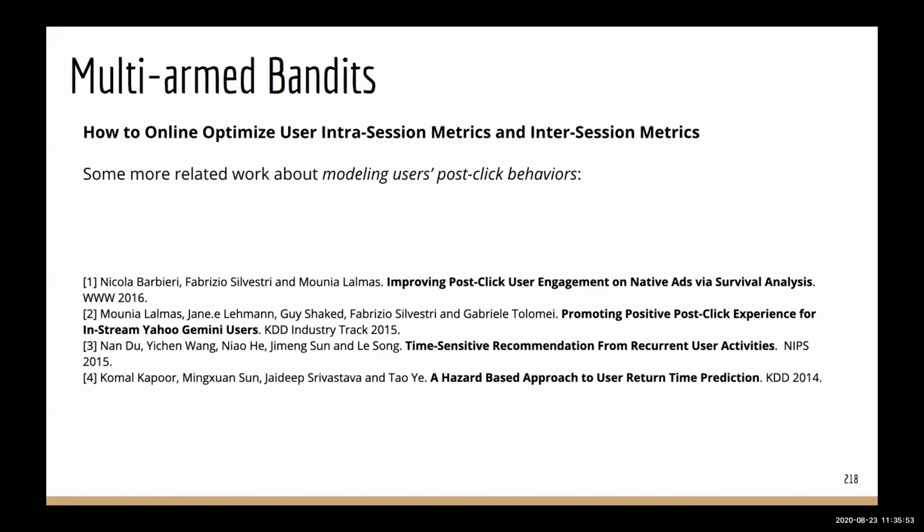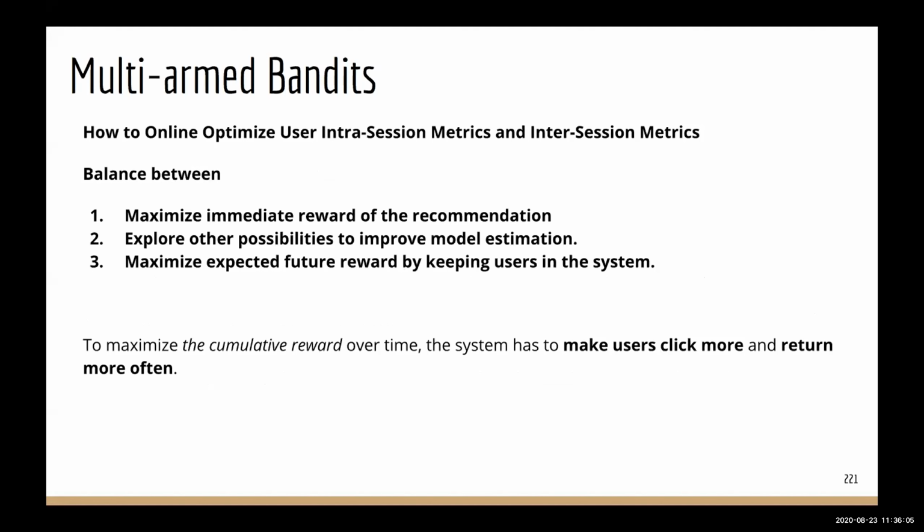There is already some work regarding modeling user post-click behaviors. I think Monia also mentioned some of this in the first part. The idea here is to balance the immediate reward and the future reward.